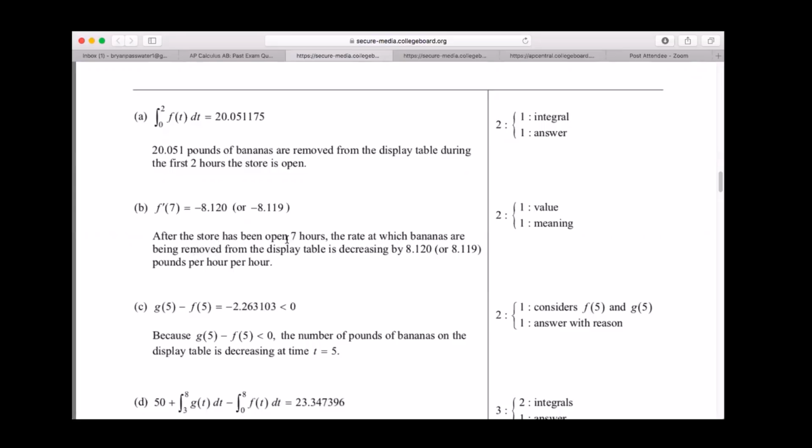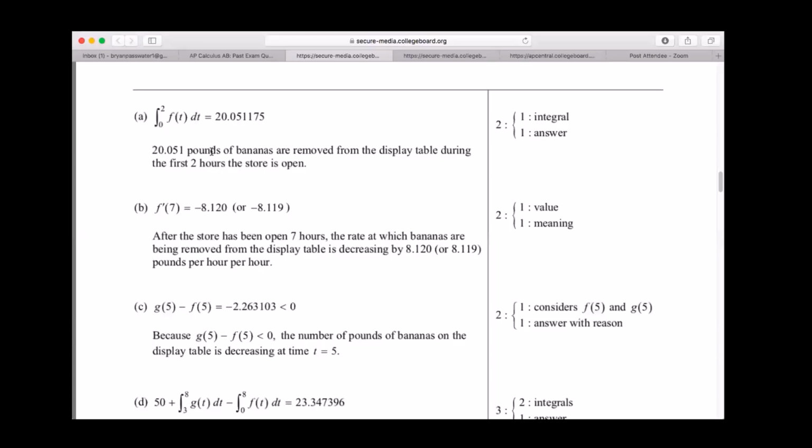After the store has been open for 7 hours, notice the word the, the rate that bananas are being removed is decreasing by 8.120 or 8.119, depending on how you wrote it, pounds per hour per hour. And pounds per hour per hour means pounds per hour squared. So this is the second point. So we're up to 4 points so far.